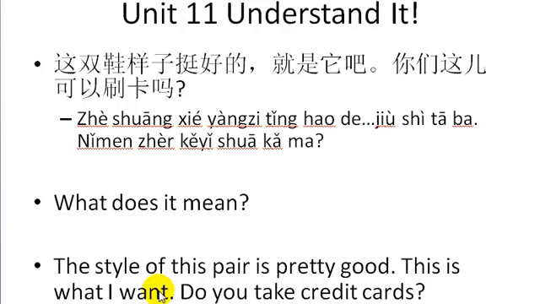Remember, this is what I want really isn't literally what this says. This says 就. It means exactly, sort of. Exactly is exactly the one that I want. 就是它吧. So literally, exactly is it. 吧. That's a little translation.